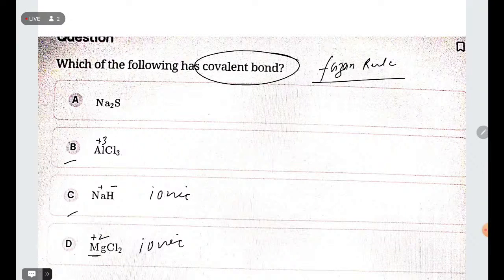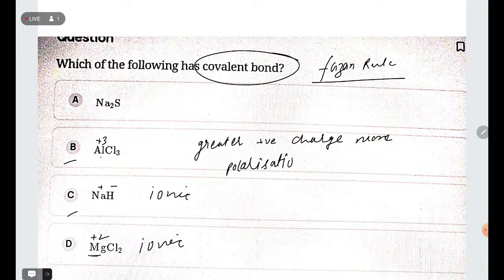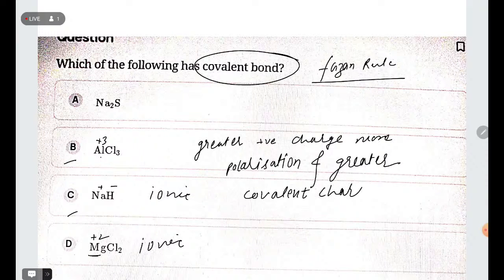What is the rule saying? Greater positive charge, more polarization, and greater covalent character.